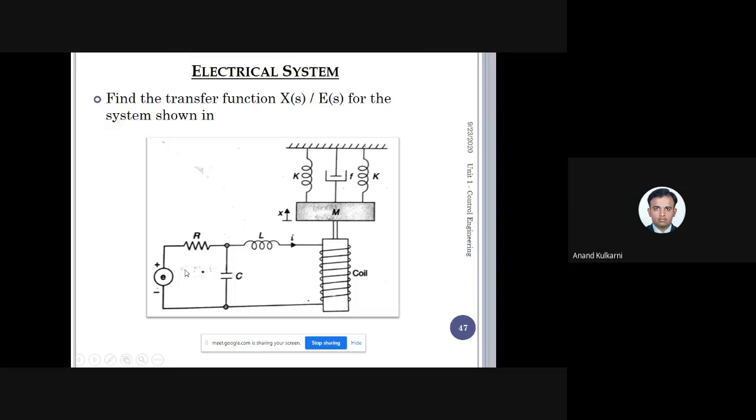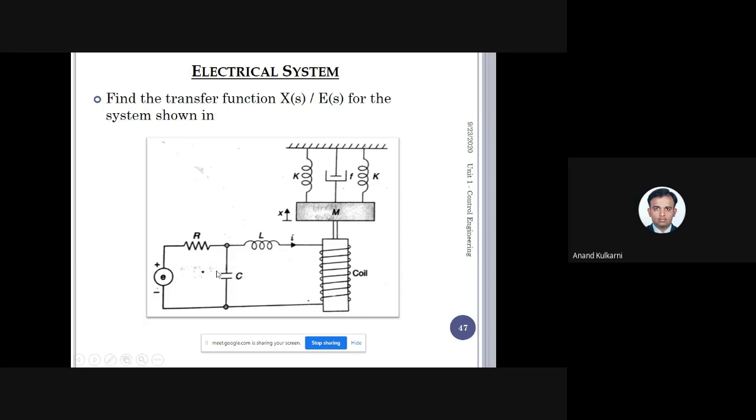For this loop, the supply voltage is E and there is a voltage drop across this resistance and across this capacitance. I can write the voltage drop across resistance as R into I1 of t. Voltage drop across this capacitance is 1 upon C integration of I1 of t minus I of t, because this is a common element, and the current flows in a downward direction, since I am assuming both currents clockwise.